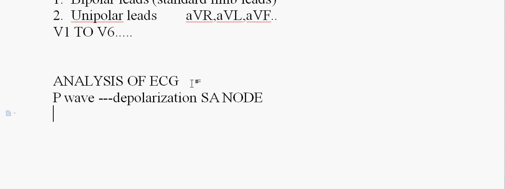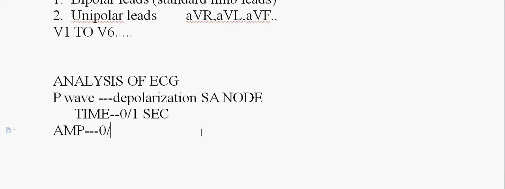So what does this wave mean? The P wave denotes depolarization, that is the spreading of impulses from the SA node.